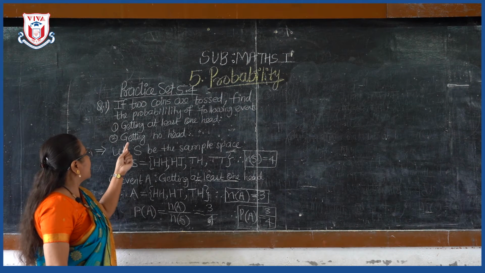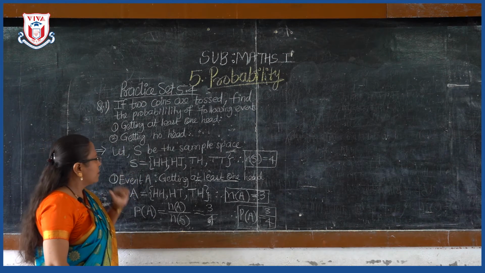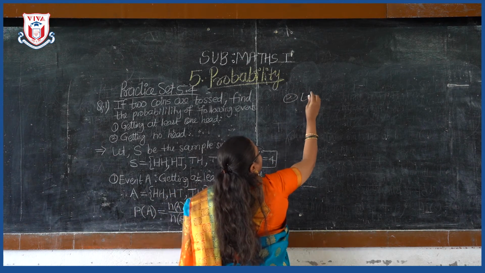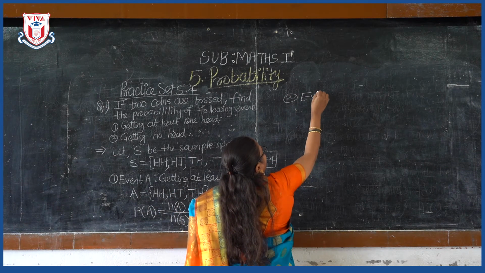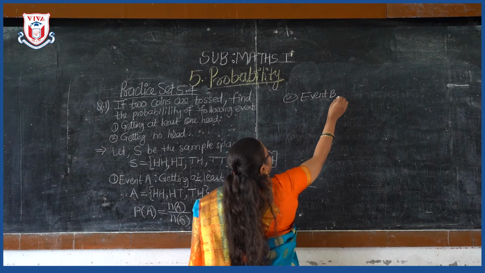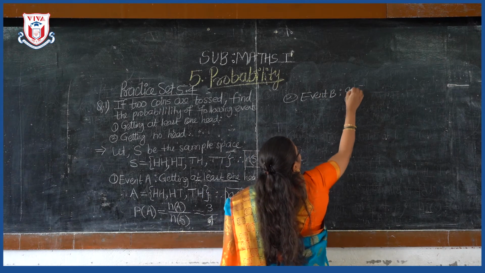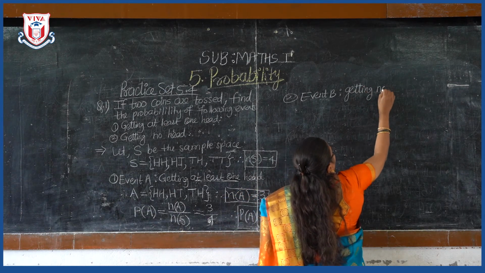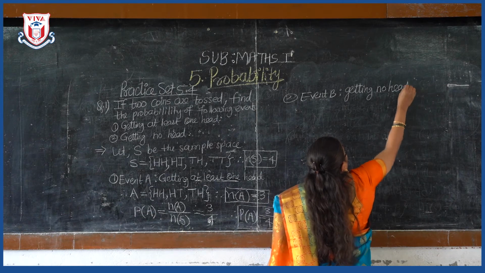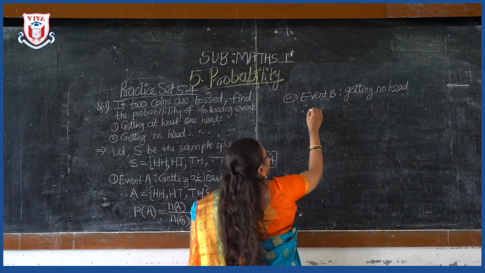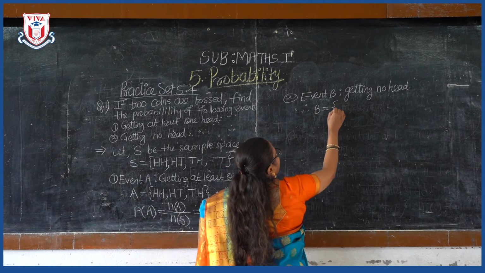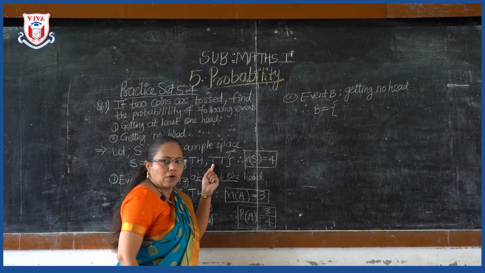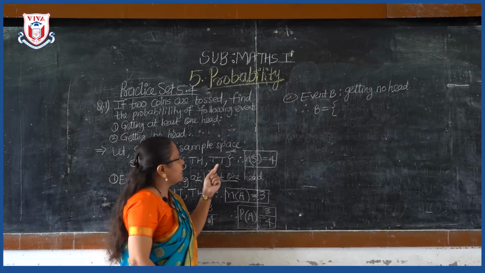The second event is getting no head. Let me assume that event is event B. Event B: getting no head. Therefore B is equal to, we will get only one outcome. We don't want a head, so only one outcome, TT.